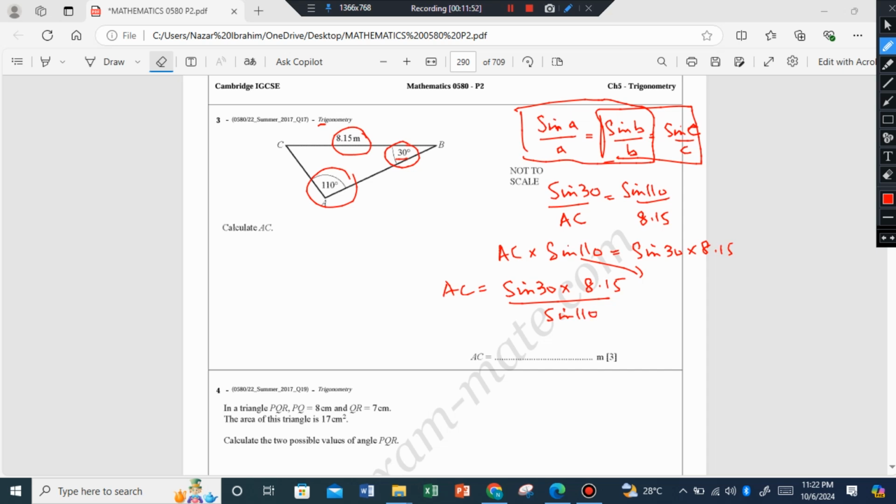So putting these values in the calculator, sine 30. Now here there's no sine inverse, so I will not use sine inverse. Just putting the values and I'm getting the answer 4.336. So it means 4.34 meters is the answer. Clear? Okay.